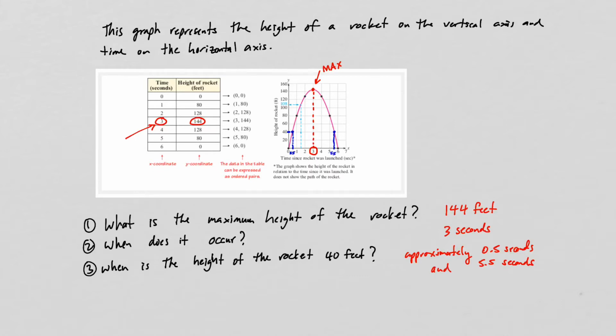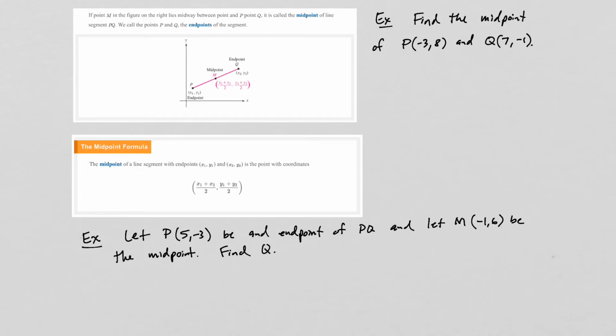One final concept in this section is the concept of a midpoint. And so let's suppose we have a line segment from point P to point Q. And let's suppose that point P has coordinates x1, y1. Let me write that down a little bit larger. So point P has an x coordinate of x1 and a y coordinate of y1.